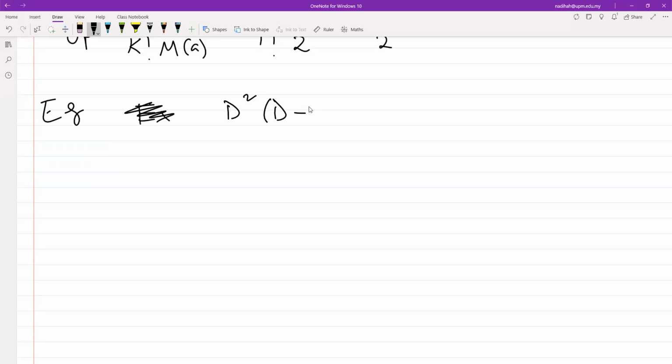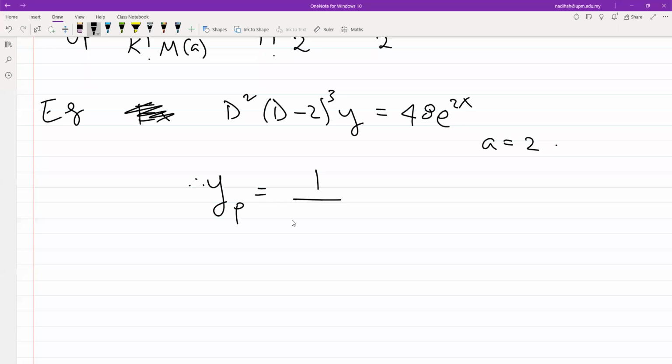Okay, (D squared minus 3) y sama dengan 48 e^(2x). So yang ni senang sebab apa? Sebab a equals to 2. So therefore I can say yp is just 1 over L of a times e^(2x).